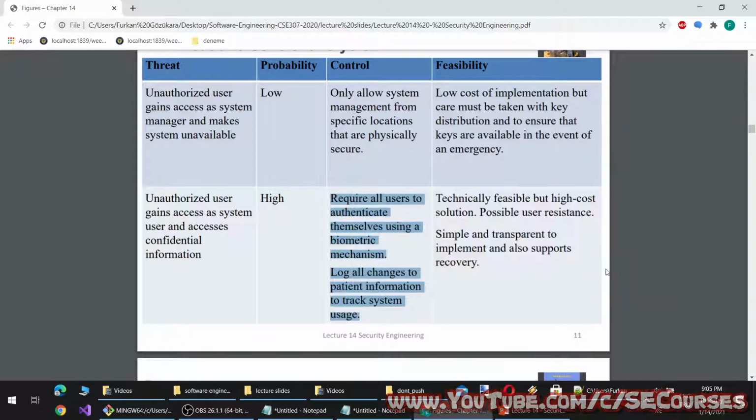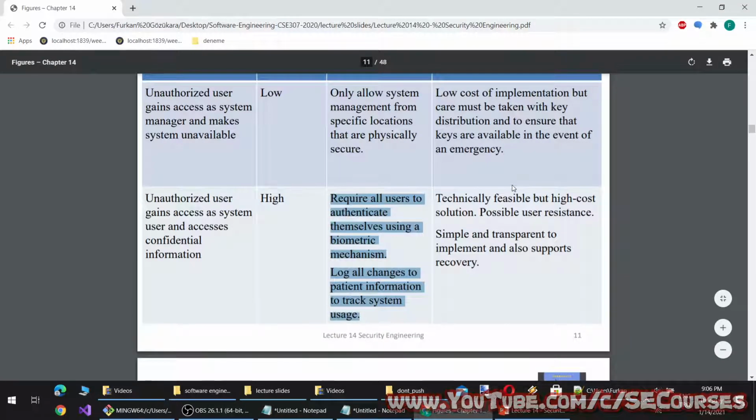Because, require all users to authenticate themselves using a biometric mechanism. Log all changes to patient information to track system usage. Because if users are logging in with their password and, let's say, their national ID, and if they are using easy to guess passwords, the hackers can gain access to their profile easily by guessing weak passwords.